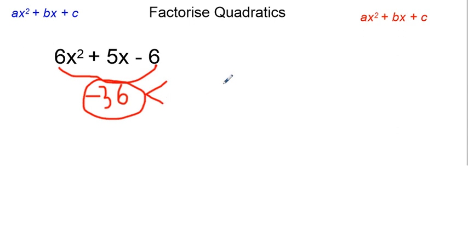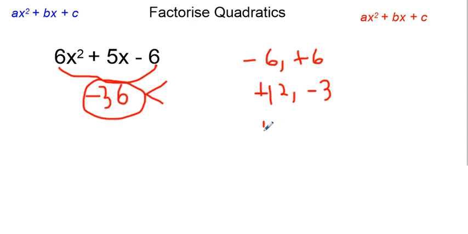What are the options? We can have minus 6 and plus 6. We can have plus 12 and minus 3.